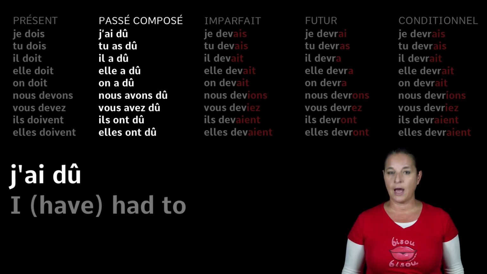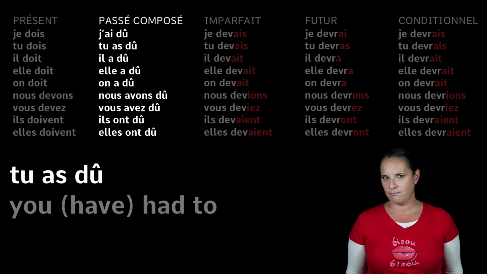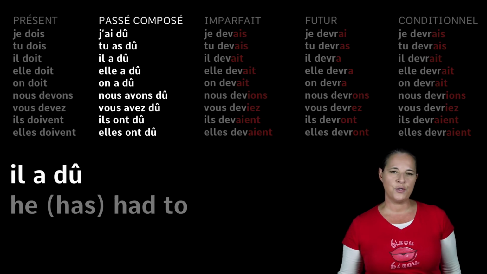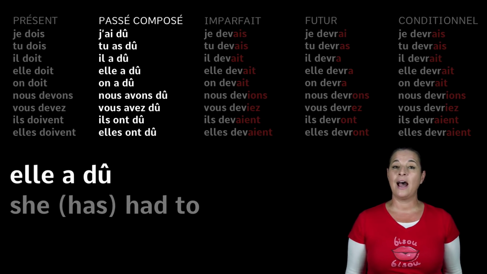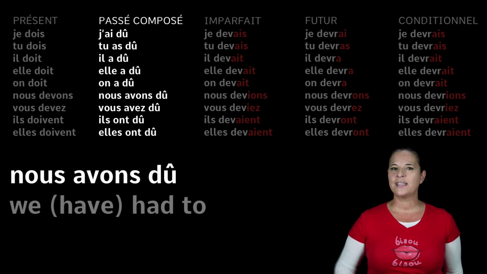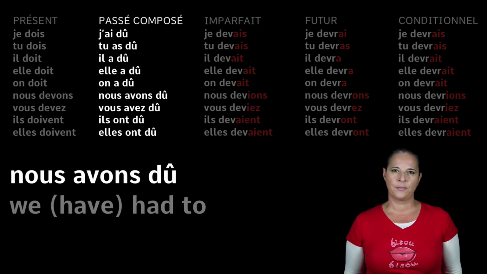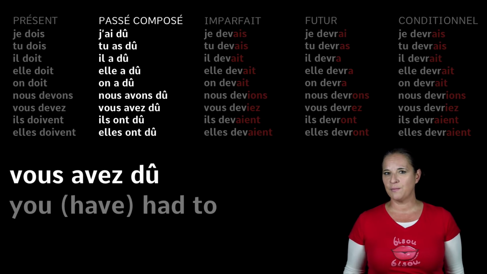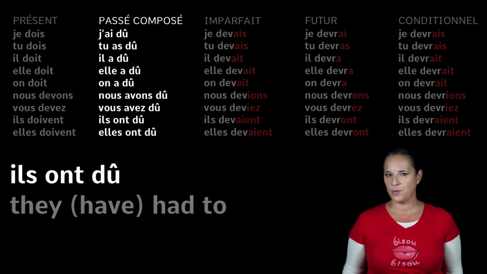J'ai dû. I have had to. Tu as dû. Il a dû. Elle a dû. On a dû. Nous avons dû. Vous avez dû. Ils ont dû.